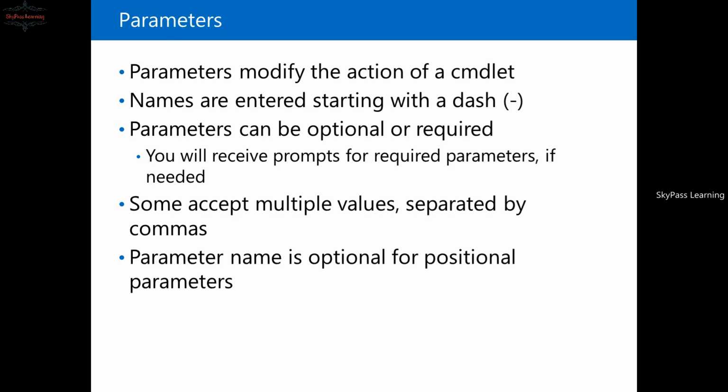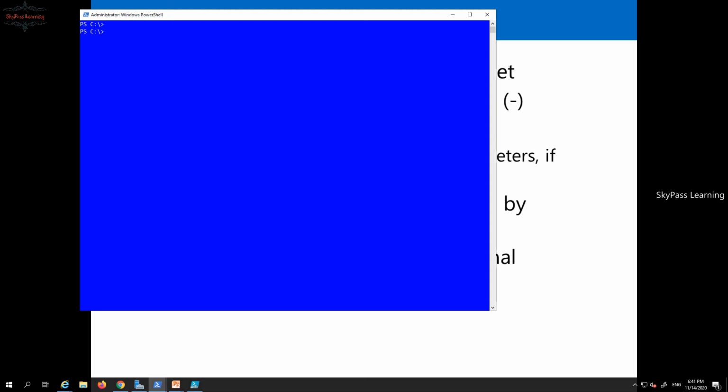How it will work, let me quickly show you something. I am just going to type Get-ADUser. When I type this command and press enter, it's asking me to enter some filter because I have not given one. So it's asking me to give it information. So I just put a star here.